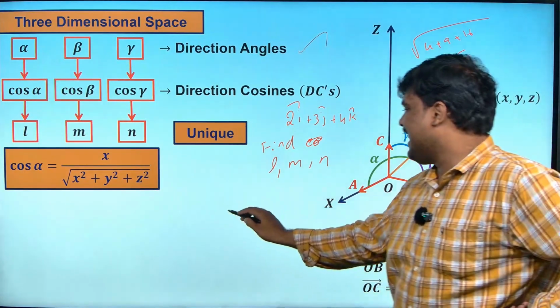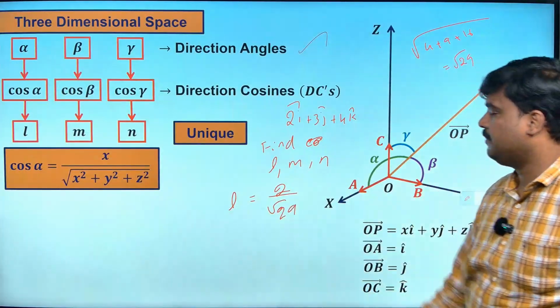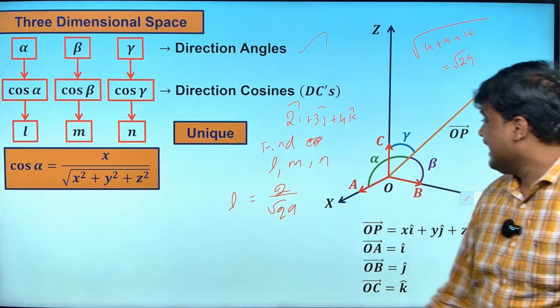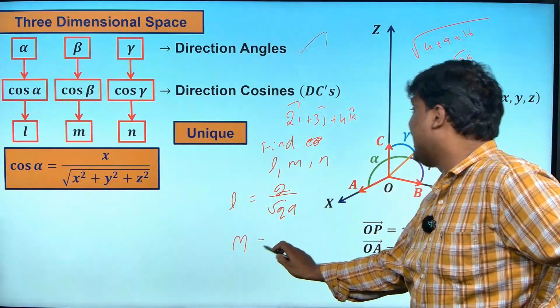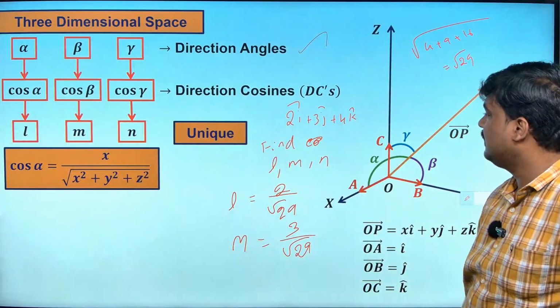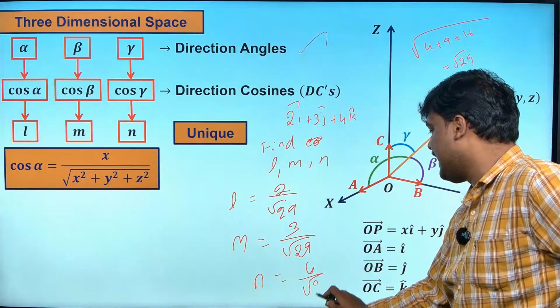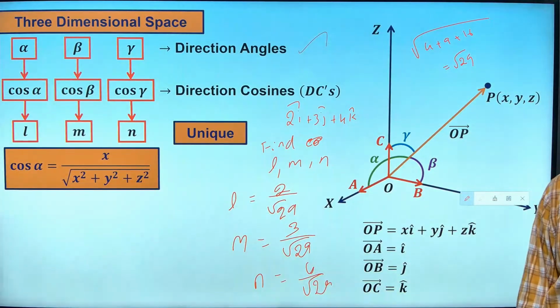Now L is nothing but 2 by root 29. M is nothing but, சொல்லு, 3 by root 29. N is nothing but 4 by root 29. Guys, are you getting how the L, M, N came? How L, M, N புரிஞ்சுதா?